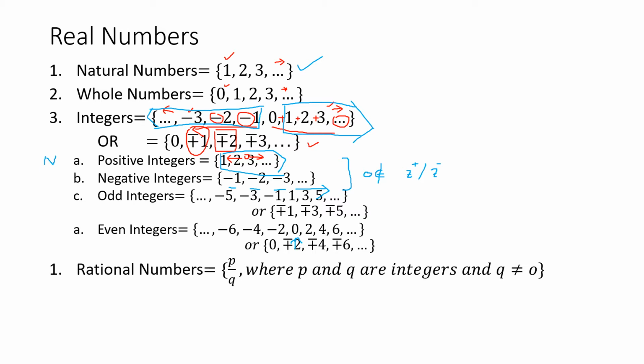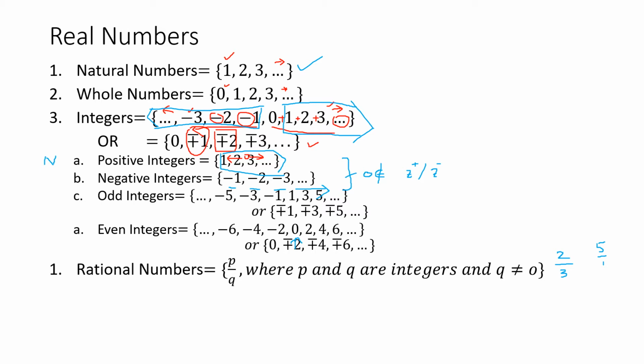A rational number can be written in the form p by q, or a common fraction, like 2 by 3. Similarly, 5 is also a rational number because under it we can write 1.